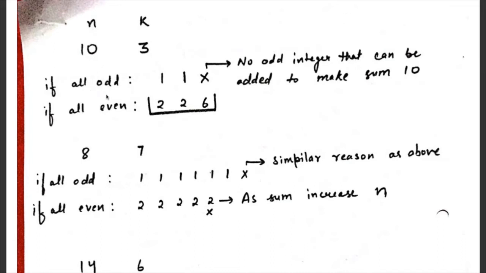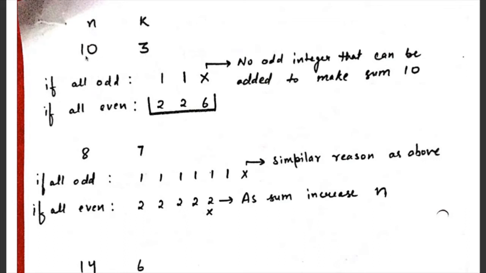In case of odd terms, if I take all k minus 1 terms as 1 and subtract this k minus 1 from n, then the remaining element should give me the last element. So if n minus (k minus 1) is another odd term, then we can say that we can make our n using k terms. Otherwise we will check for even numbers.